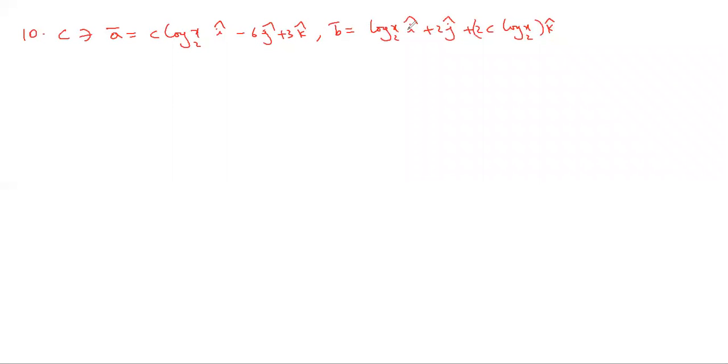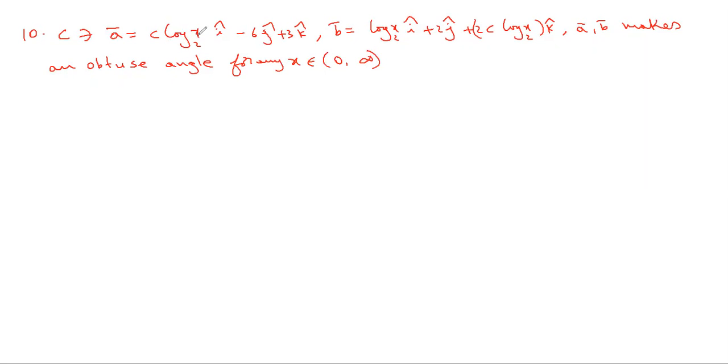So the angle between a bar and b bar is obtuse, for any x belongs to 0 to infinity.